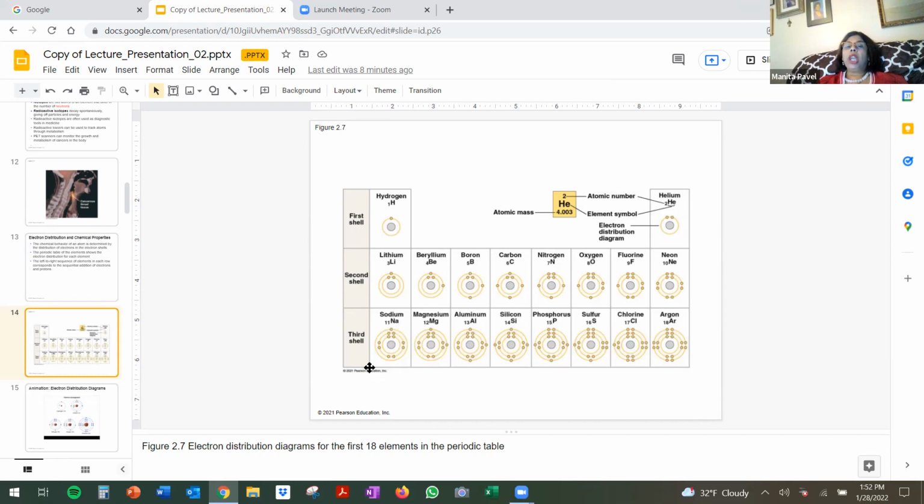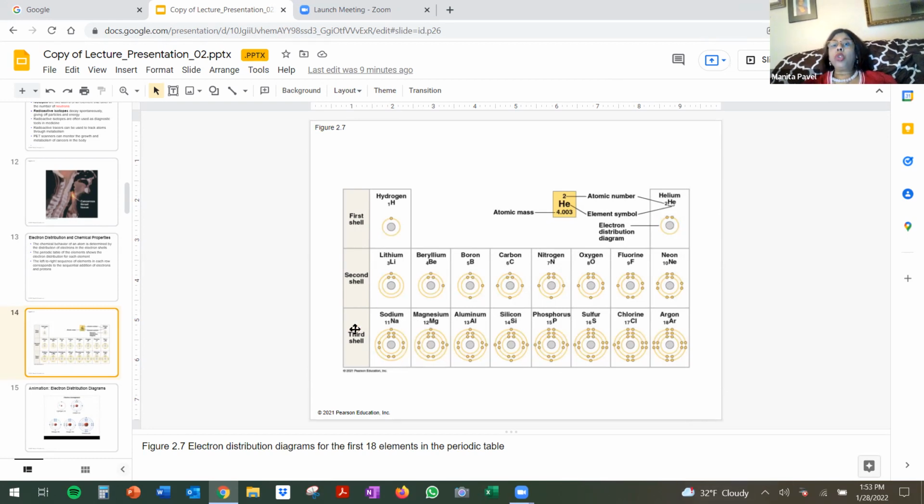So you have 3 orbitals, the first, second and third electron shells. Magnesium is 12. So let's talk about the electronic configuration: 2, comma 8. 8 plus 2 is 10, and 12 minus 10 is 2. So first orbital 2, second orbital 8, third orbital 2.